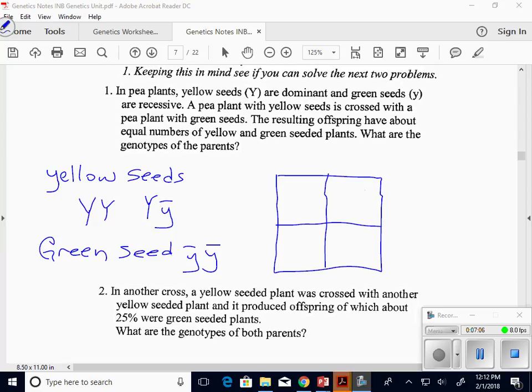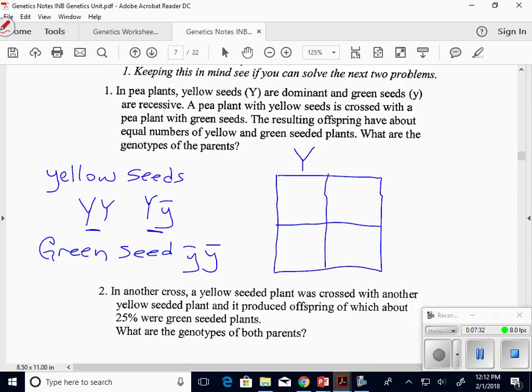Now it tells us that a pea plant with yellow seeds is crossed with a green seed plant. Well, here's the problem. If I have a yellow seed plant, do I know what it is? Because it could be 2 different things, right?